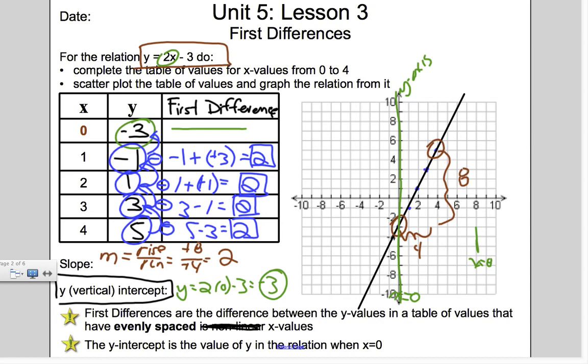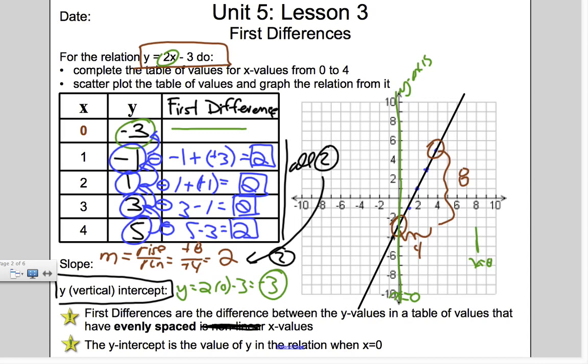Well, yeah, what have we noticed? It's the same as the rise, but more specifically, it's the same as the slope, right? So here, the first differences are all 2, and the slope that we calculated over here is 2. So what we see is that we have a linear relationship.